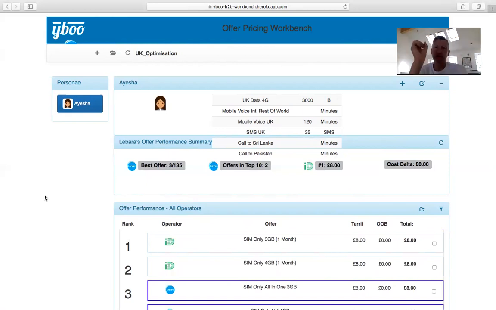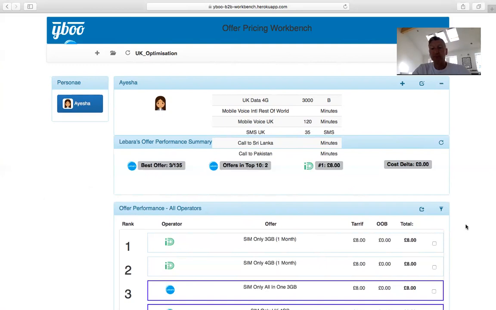Every operator that's in our product catalogue does not pay us to be there. There's literally hundreds of people a day actively searching for a better mobile deal, and as a result of that are downloading Waibu. If your brand is not in Waibu's product catalogue and you're not optimizing your services by using our workbench, quite frankly, you must be absolutely bonkers.